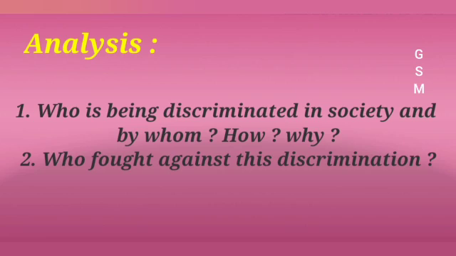The African Americans in the US are facing racial discrimination by white Americans. They were not allowed to go to the same restaurants, churches, and movie halls as whites, or use the same buses or other forms of public transport. Racial discrimination happens when people are treated unequally because of the color of their skin.